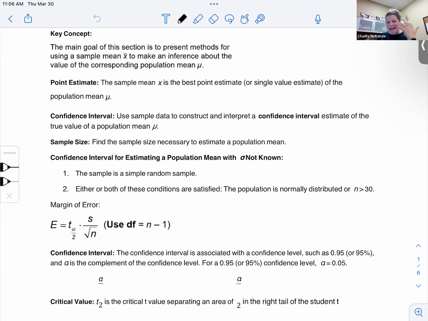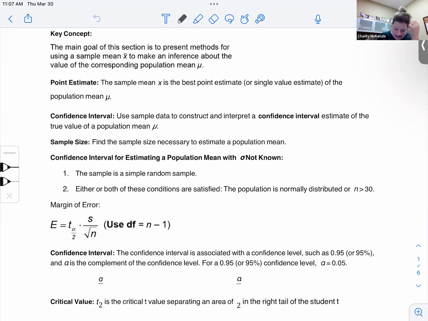But this time we can't use the normal calculator and the Z because a mean is a different kind of distribution. So it's a T distribution, not a normal distribution. So we have to use something called the T two-tailed, see the little two-tailed symbol, to find that margin of error. So this is our sample standard deviation.